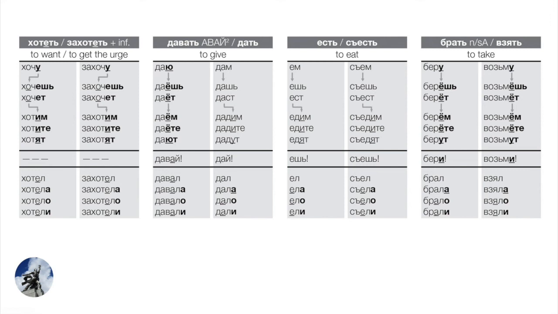Okay, finally, we learned брать already. Беру, берешь, берет. That's an НСВ verb, so it's actually regular, even though it is a bit difficult. But взять, the perfective, is completely irregular. Возьму, возьмешь, возьмет, возьмем, возьмете, возьмут.